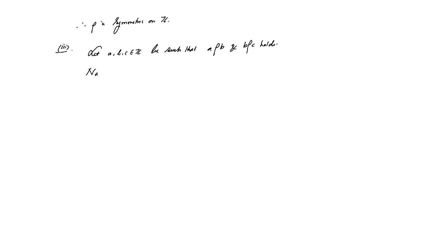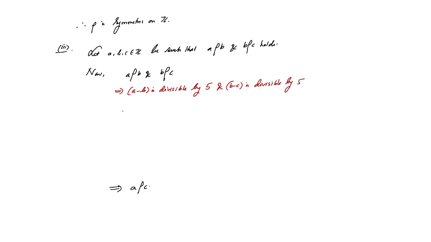So what happened? Now we will show A rho B and B rho C; from this I will show A rho C. A rho B means A minus B is divisible by 5, and B rho C means B minus C is divisible by 5.